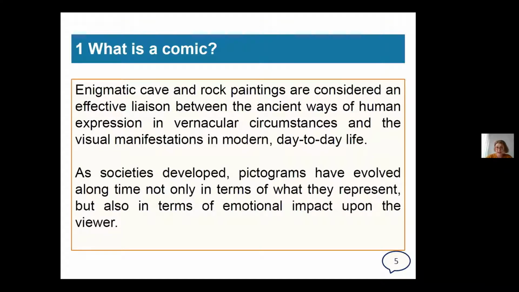And these enigmatic cave and rock paintings, which you are going to see next, are considered an effective liaison between the ancient ways of human expression in vernacular circumstances and the visual manifestations in modern day-to-day life. So as societies developed, pictograms have evolved as well. And not only in terms of what they represent, but also in terms of emotional impact upon the viewers.